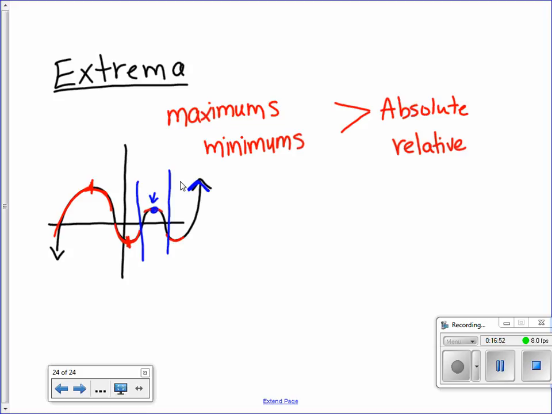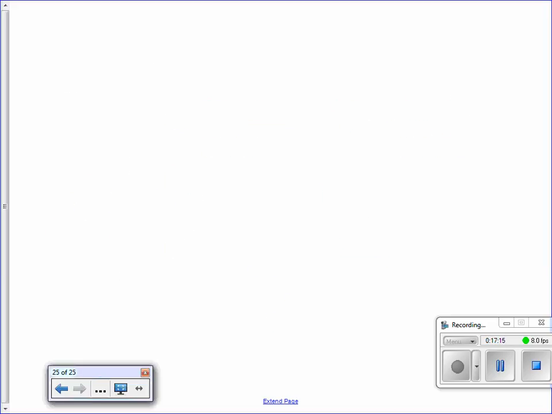Think about a line, a linear function. A linear function doesn't have maximums or minimums or local maximums. It's just a line. That's it. So they don't all have to have it. But how many can they have?